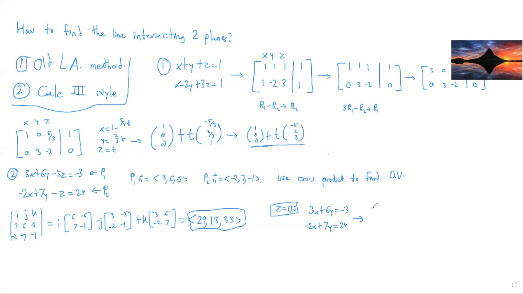I like to keep things in simplest form, so why did I write a 3 there? Okay, so x plus 2y is -1, and -2x plus 7y is 24. This is just a system of equations now.